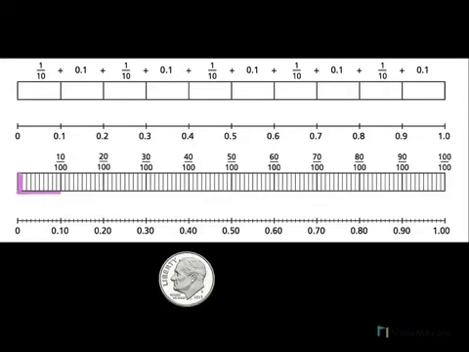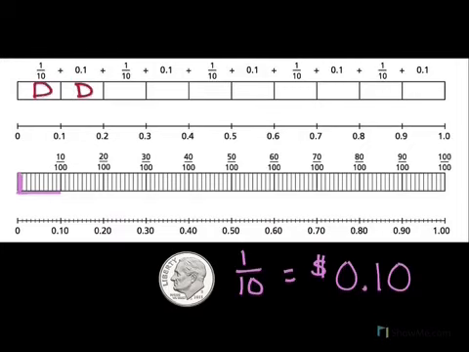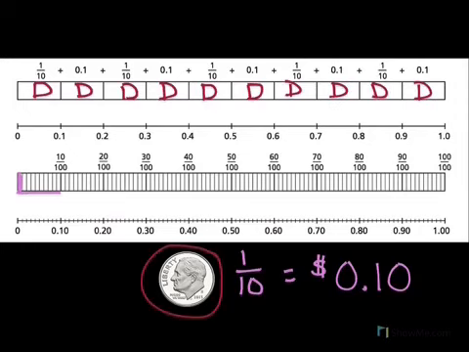We know 1 dime is 1/10 of a dollar, or 10 cents. To help you remember this, we could write a capital D for a dime in each of these bars. That will help you to remember 1/10 is just like a dime.